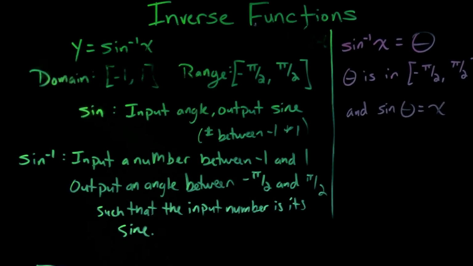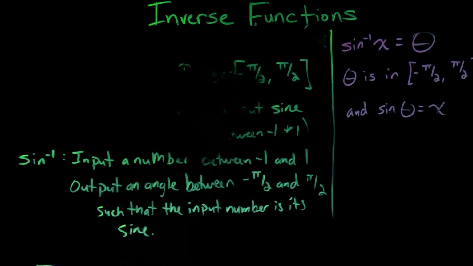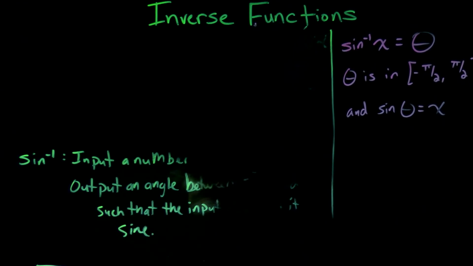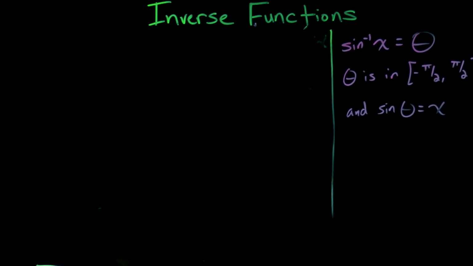Okay, so let's do an example with some actual numbers. That will hopefully help us understand what we're doing here. Okay, but if you remember this definition for the inverse sine, then it really comes down to just being able to find sine values of some of our common angles.